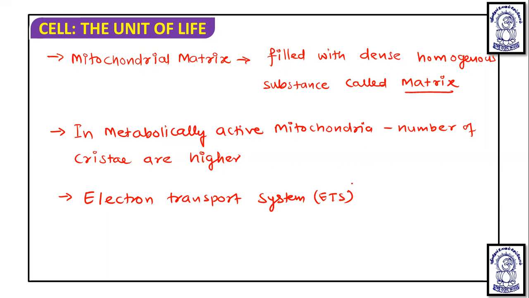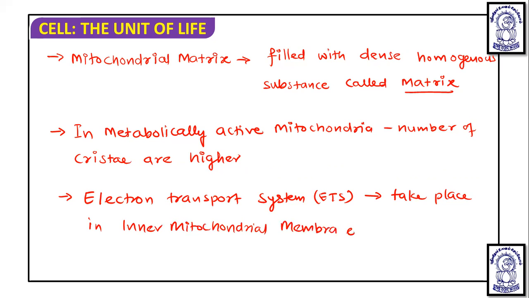This chain includes many electron carriers like cytochromes in a definite sequence. So this takes place in the inner mitochondrial membrane.